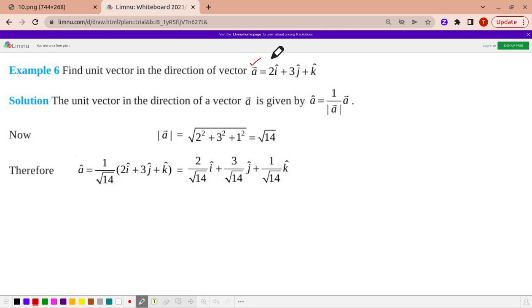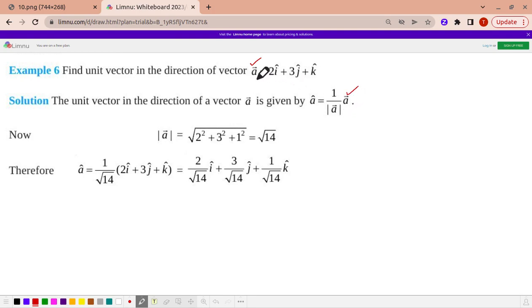Now we know from our previous class, you can look into our previous video lectures available on YouTube, that the unit vector in the direction of a vector A is given by a cap, equal to the vector a divided by the magnitude of this vector, that is mod of a bar.